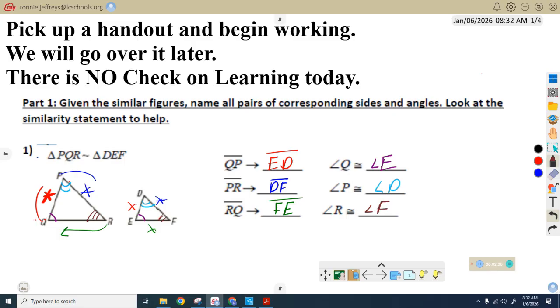Now, the angles should have been pretty easy for y'all to get. Only hiccup may have been in the naming the line segments for that right there.